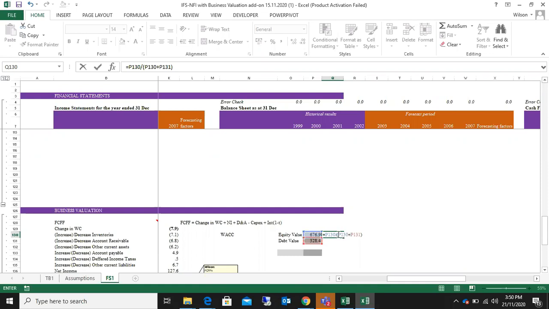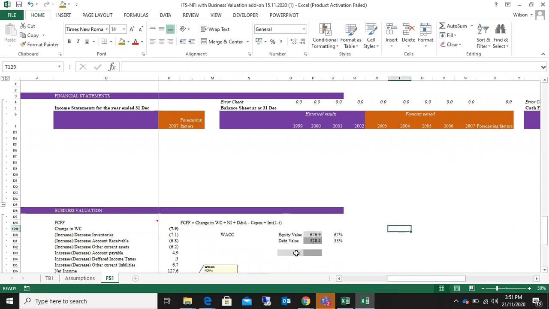And what you're going to do is you're going to fix this, fix this, fix this, and fix this, and press enter. So with that, I can take this down exactly. So you see what happens there. So these are the composition of the capital structure. So the composition of the capital structure is 67% equity and 33% debt.